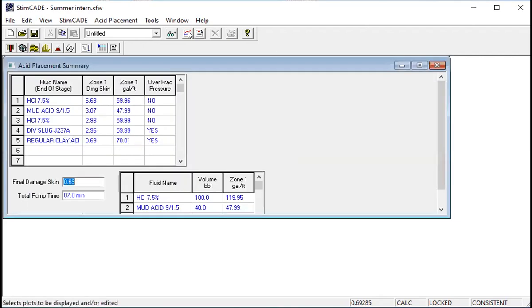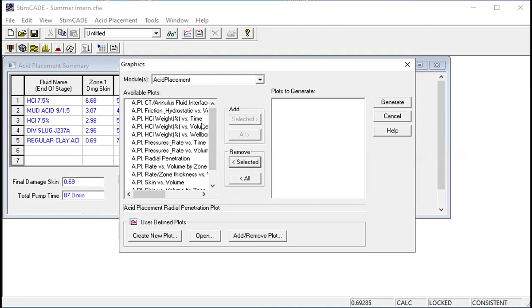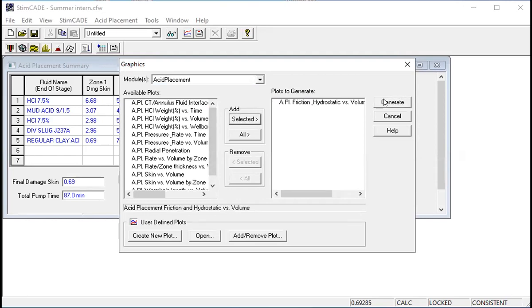We can also look at so many things. Here we have, let me remove this. Okay, friction, let's see. We could also look at friction.